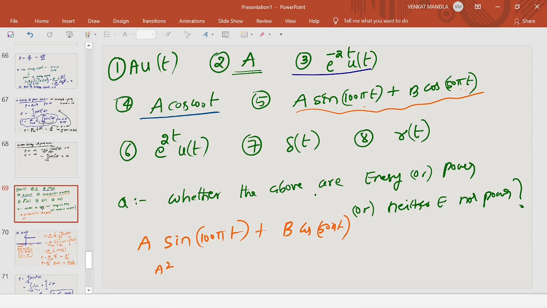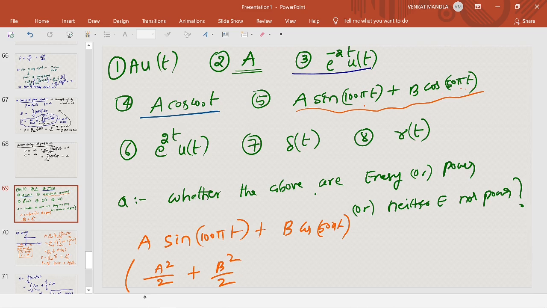Or you can directly write that the first has power a square by 2 and the second has power b square by 2. You can add both.